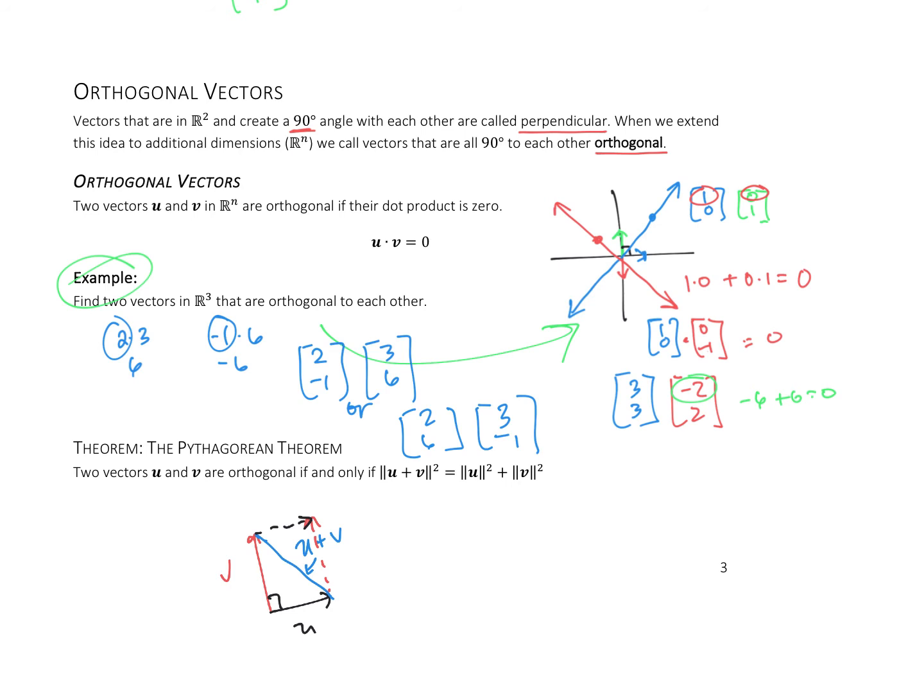So the magnitude of V squared, V would be the length here, plus the magnitude of U squared, those would be the sides of the bases of our right triangle, and should equal the hypotenuse squared. And on our hypotenuse is U plus V. So square those vectors' lengths, and ta-da! Pythagorean theorem, realized, actualized. Love it. Gotta love it. Okay.